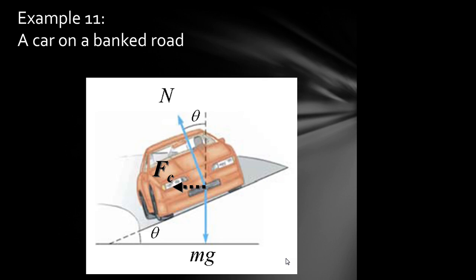So if the circle's radius is in this direction, we can tell that there's an unbalanced force. The normal force is actually unbalanced. The horizontal component of the normal force is going to be the resultant, and the vertical component of the normal force will just be used to balance the weight of the car.